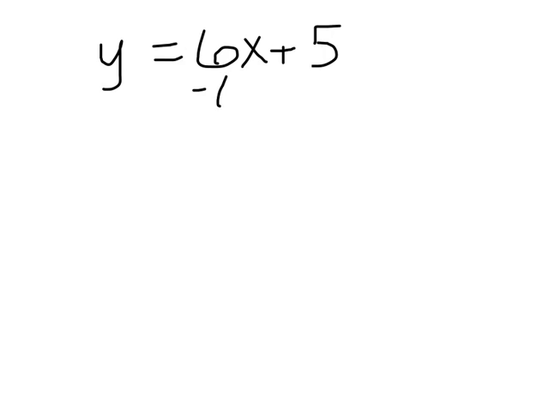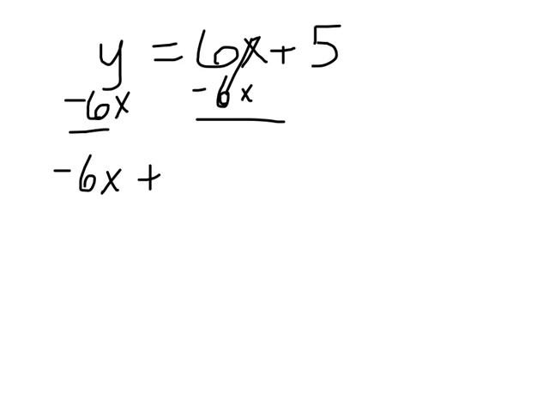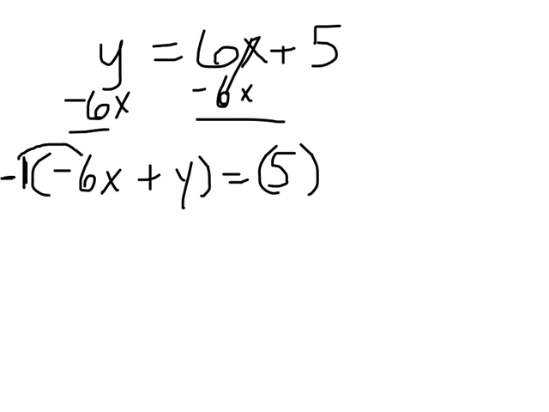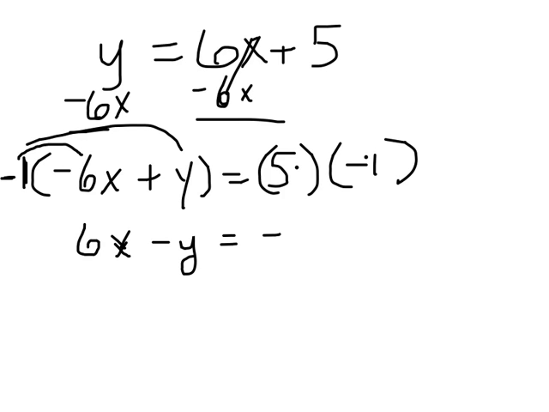Another way to do this would be just to go ahead and subtract the 6x from both sides, and I would have negative 6x plus y is 5, but I have a negative in front of the x term, so I need to multiply every single thing or divide every single thing by a negative 1. That would change the signs on everything. Negative 1 times negative 6x would give you a positive 6x. Negative 1 times positive y would give you a negative y, and I also have to do it on both sides, right? 5 times negative 1 would be negative 5.